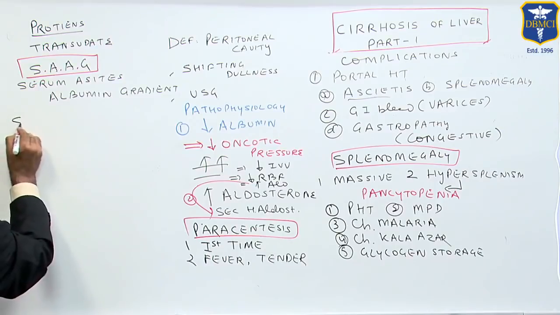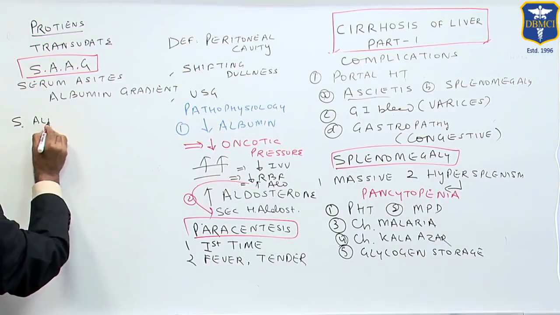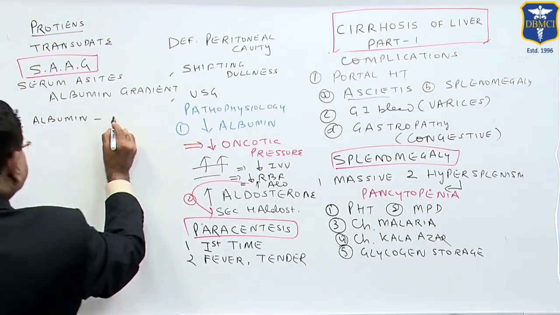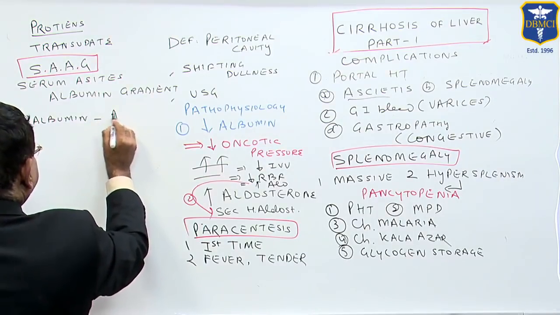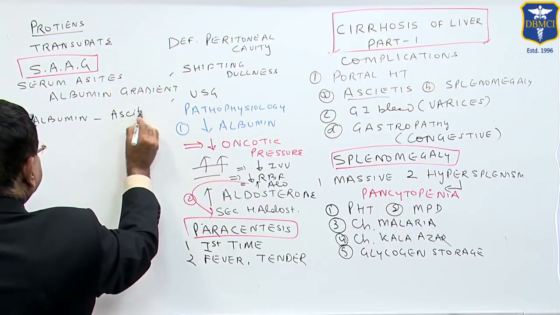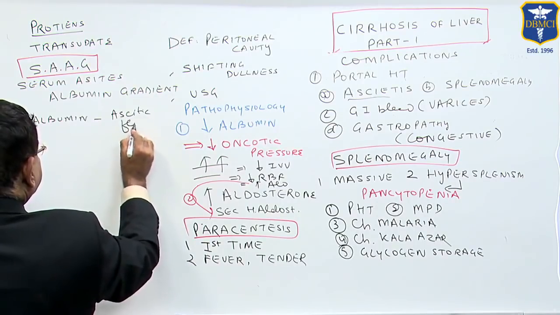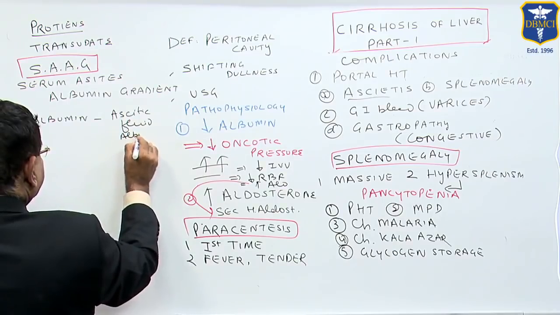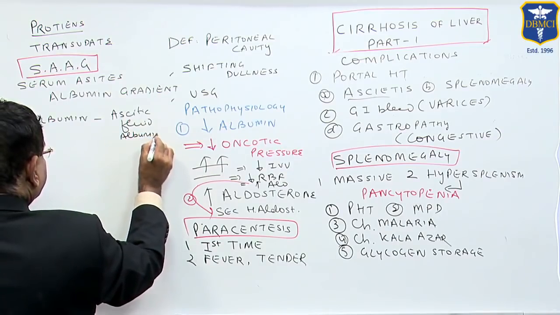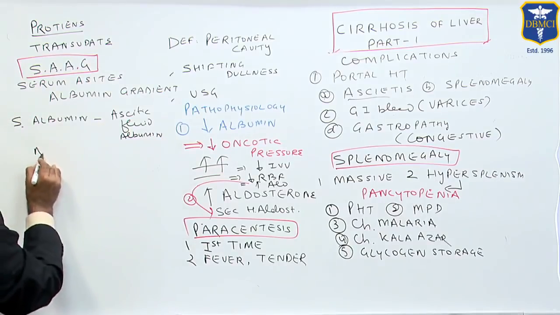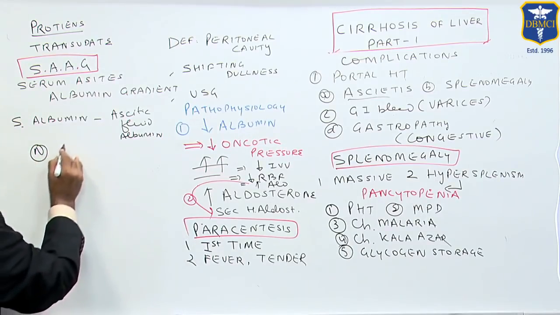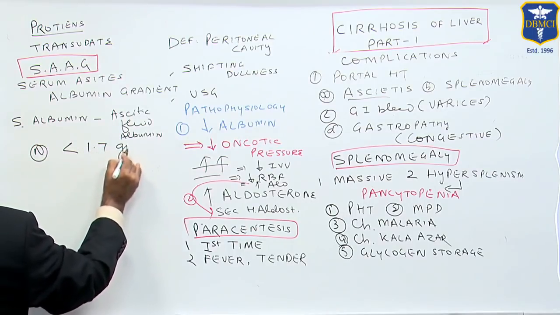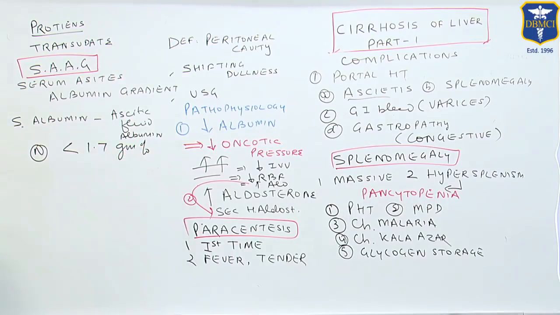Serum albumin minus ascitic fluid albumin level. Normal is always less than 1.7 gram percent.